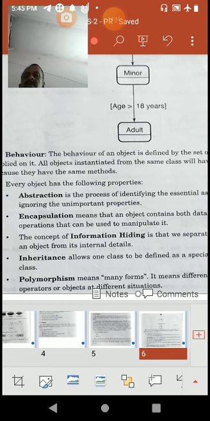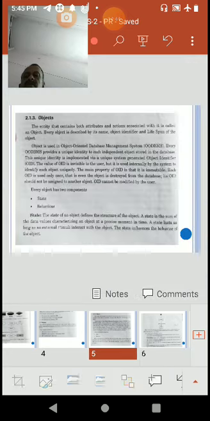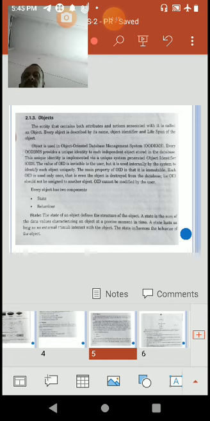Next, 10th one. To enforce integrity. Integrity is data accuracy.